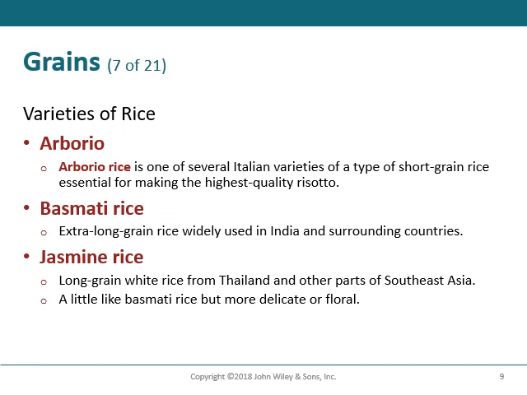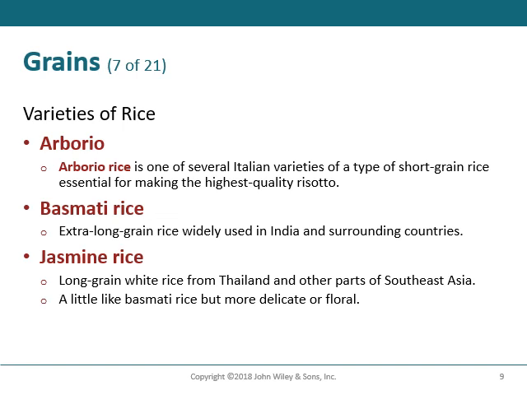I know it says short grain on your list here, but really it's a medium grain rice, and it's used in making a very specific dish called risotto. And we're going to talk about risotto when we get into the ways of cooking grains, so we'll hold off on that for a second. But this is an Italian rice that has the sticky starches in it.